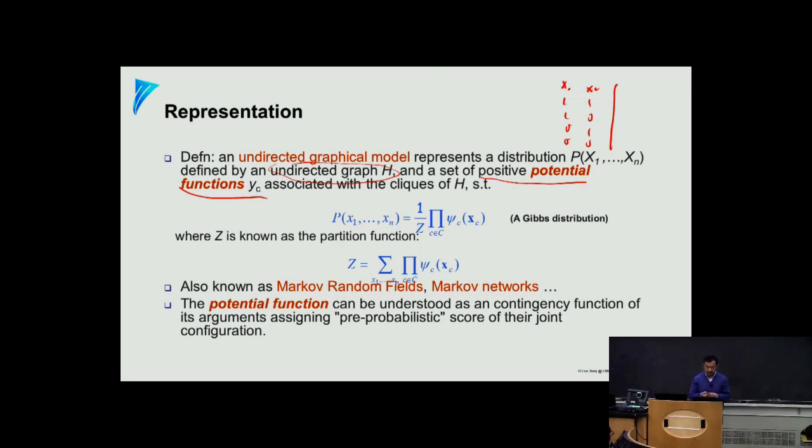A potential function is something which is often known as pre-probabilistic, because I don't have to follow any of the laws that I mentioned, to say numbers between 0 to 1, must be positive, must sum to 1, and so forth. I can well say, okay, for two ones, I want to put a score of 10 there. Okay?